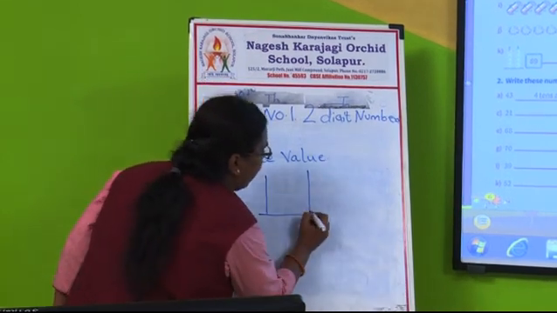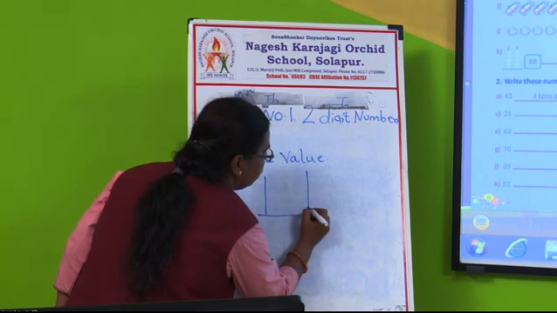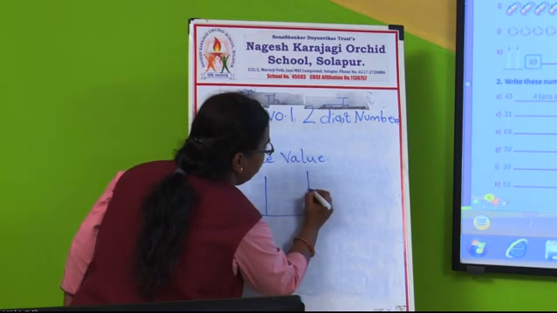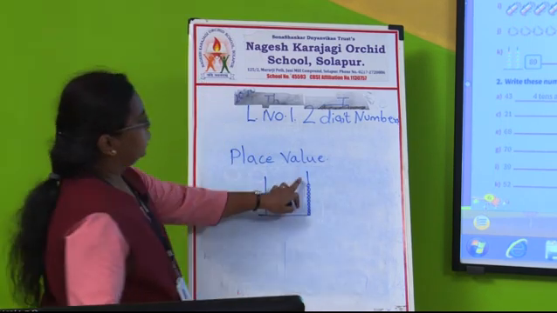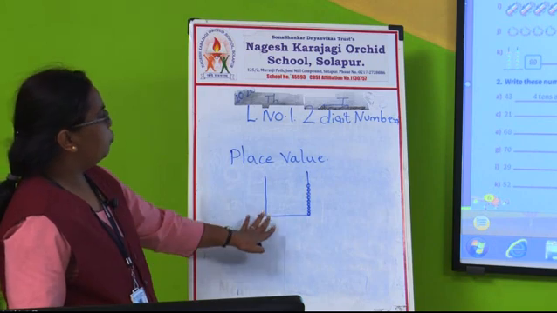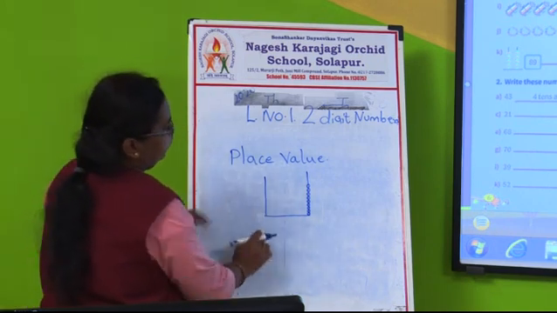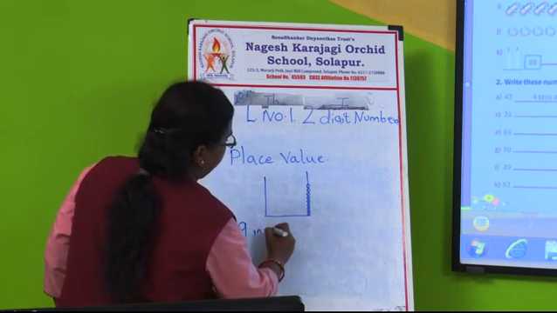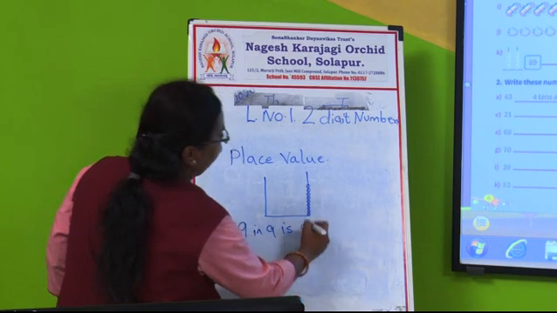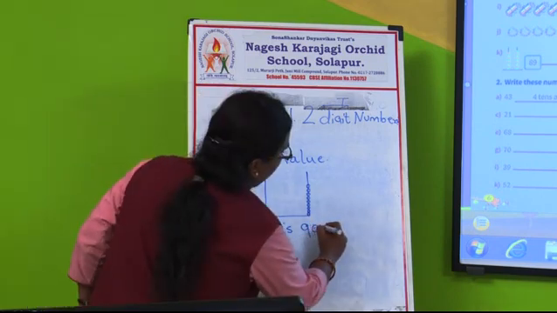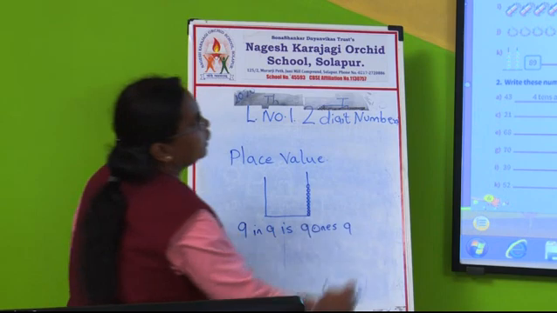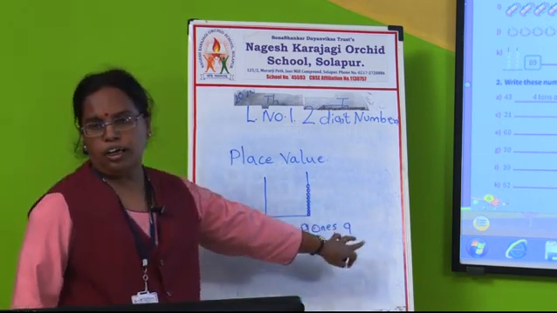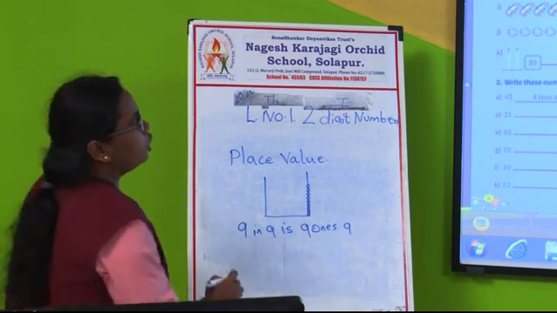You can count the beads: 1, 2, 3, 4, 5, 6, 7, 8, 9. So you want to show the place value of 9. The place value of 9 in 9 is 9 only, or 9 ones.